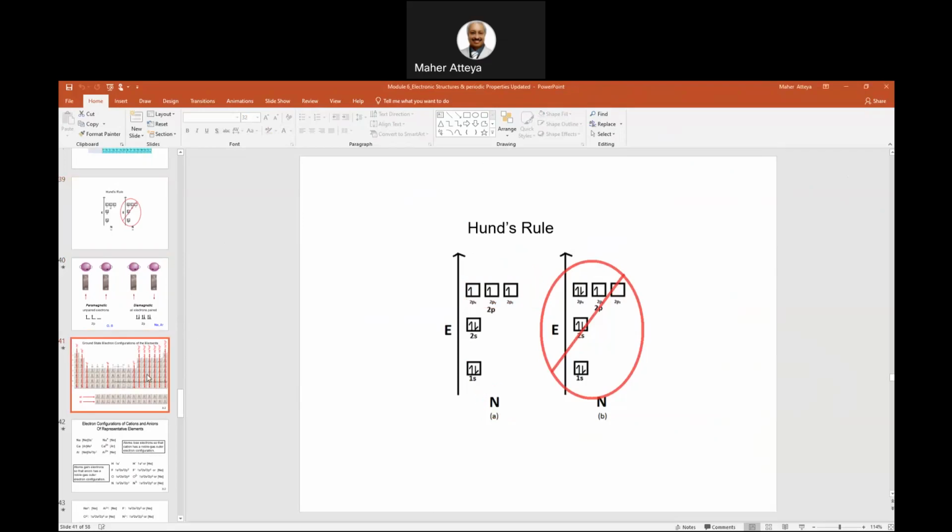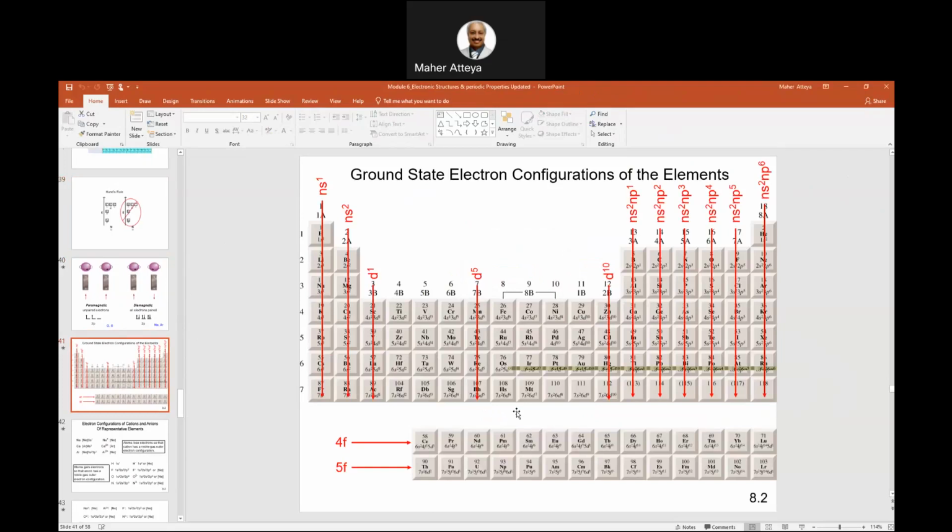So let's go and look at this. Here it will tell you about the orbitals hosting the valence electrons. Group 1A, their valence electrons are in this. Group 2A, their valence electrons are in this.